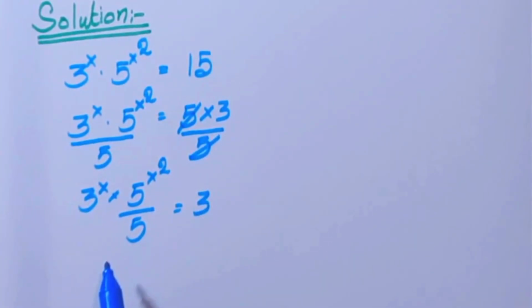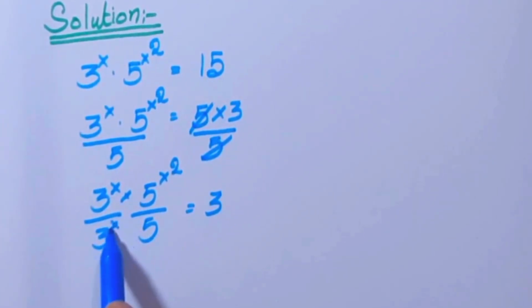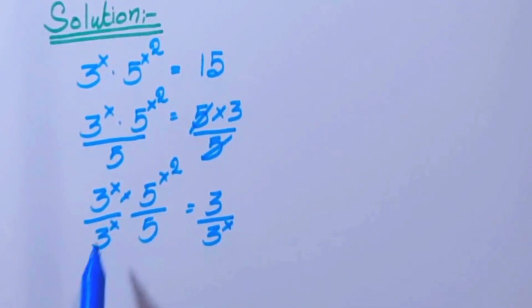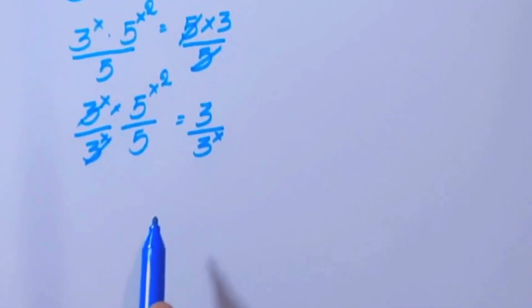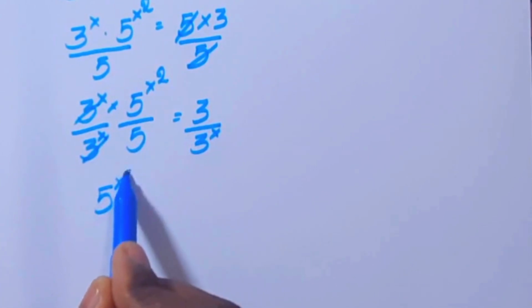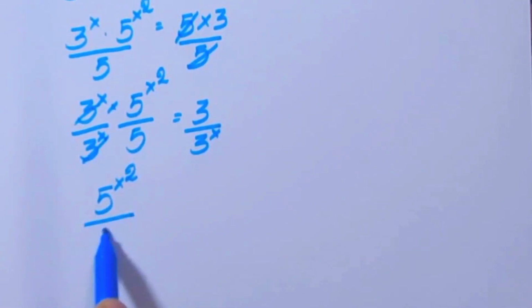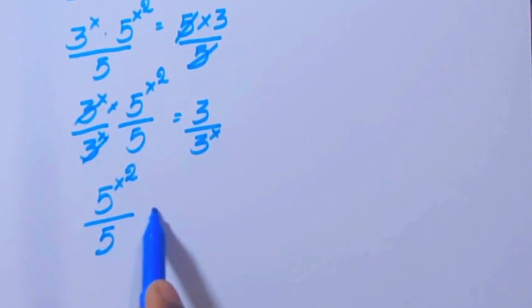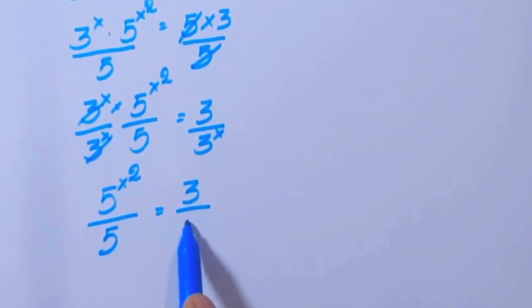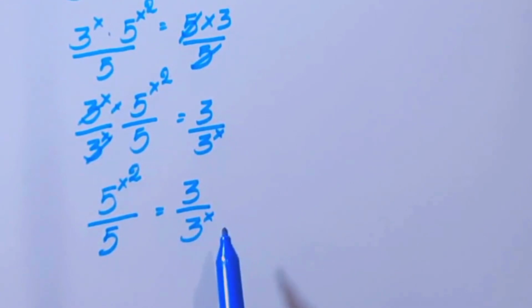We are going to divide by 3 to the power of x on both sides. 3 power x by 3 power x cancels, so we have 5 power x squared by 5 equals 3 by 3 power x.